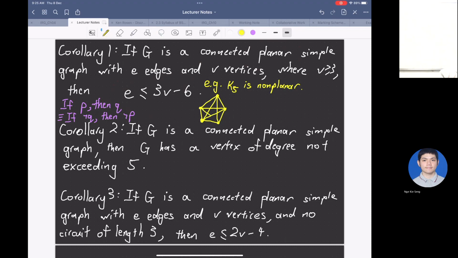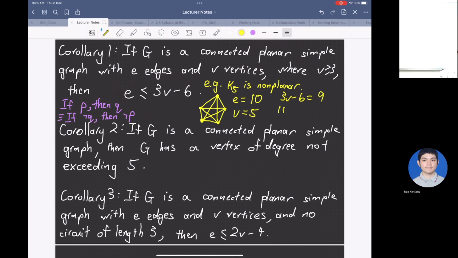So this is non-planar. Why is it non-planar? What's the number of edges? 10. How about the number of vertices? 5. So what is 3V minus 6? 9.